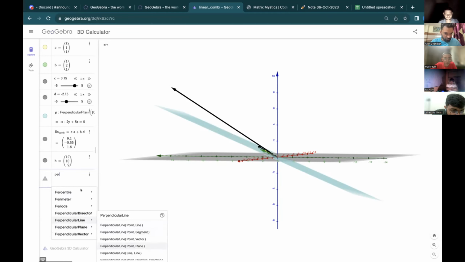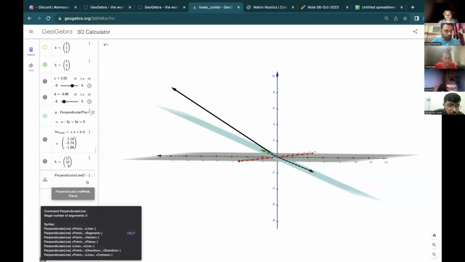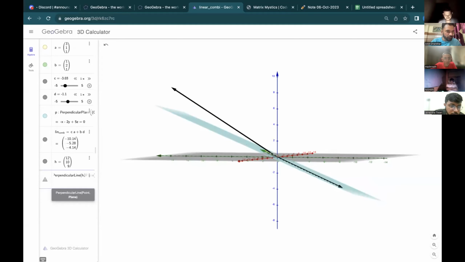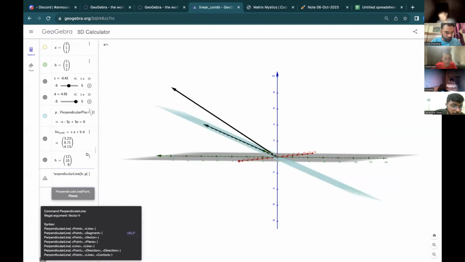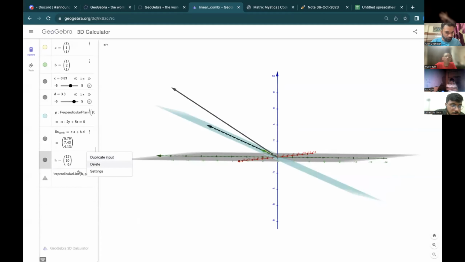We have a point and a plane. The point is h and the plane is the linear combination. Is H a point or a vector? We need to define that then.